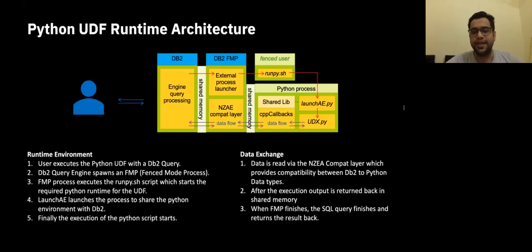In terms of the data exchange, the engine and the Python process exchange the data using our NZ-compat layer, which makes the data types compatible between the Db2 database and the Python language. And with these stitched together in a specific flow, your Python UDF gets executed.